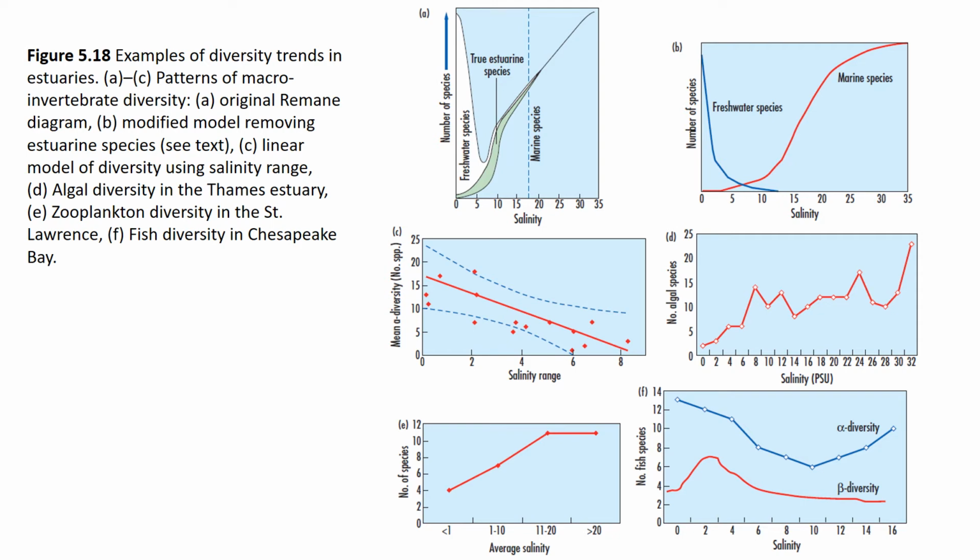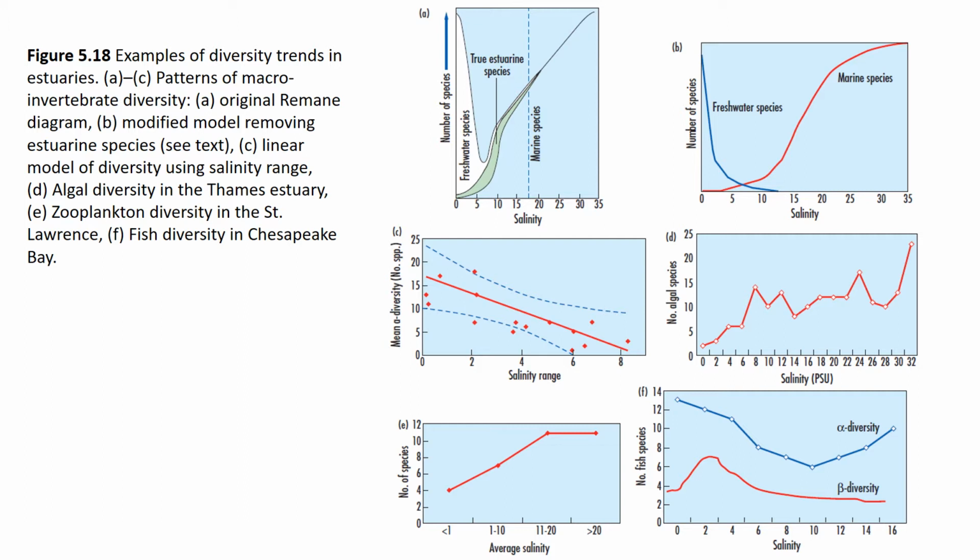So this is figure 5.18, a multi-panel figure giving examples of trends in diversity of different types of fauna or algae in estuarine and brackish water systems. So in panel A we have the original Remane diagram.